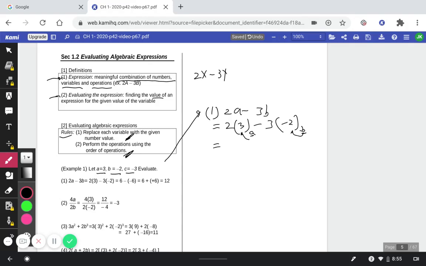And then you do the operation, using the order of operations. 2 parentheses 3 means 2 times 3, so 6, minus 3 times -2 means -6, okay? But the operator is still minus.